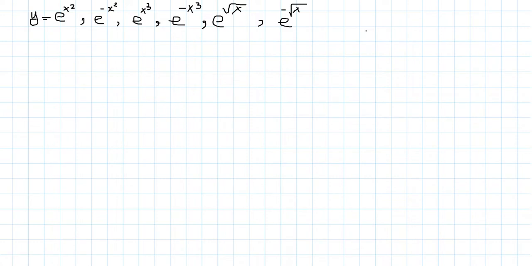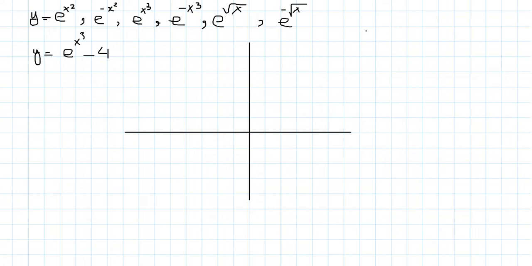Y equal e to the x cubed minus 4. I know I can draw it easily. So what happened in minus 4? In minus 4 I will have a horizontal asymptote on y equal minus 4.